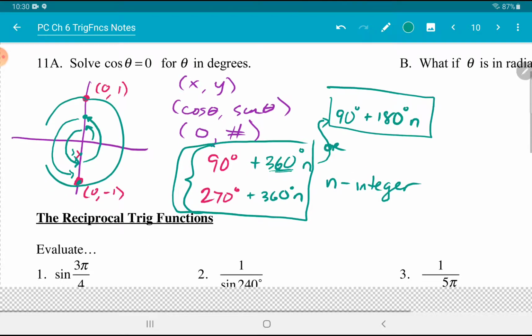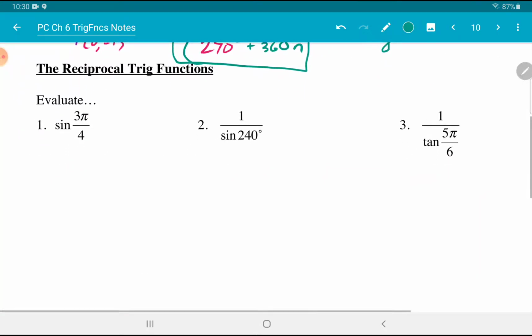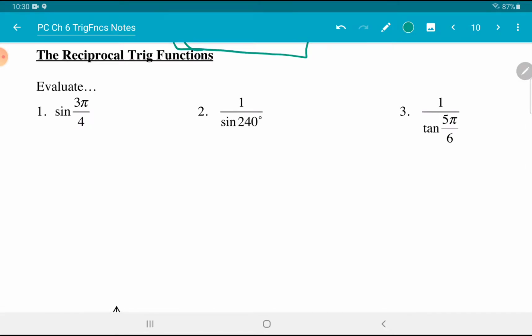All right. So let's go on to reciprocal trig functions. Evaluate sine of 3 pi over 4. So sine of 3 pi over 4 would mean that takes us to quadrant 2. Here's 3 pi over 4, something like that. And if we want sine of 3 pi over 4, keep in mind that with our mnemonic again, A, S, T, C, sine is positive in this area here.